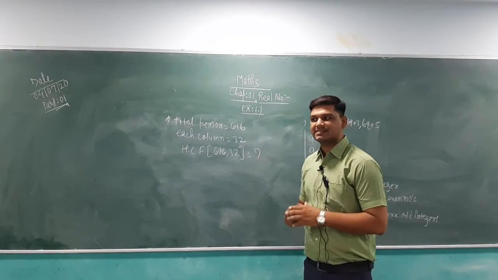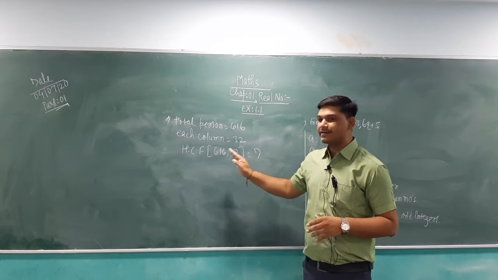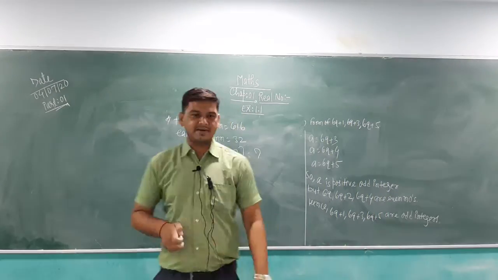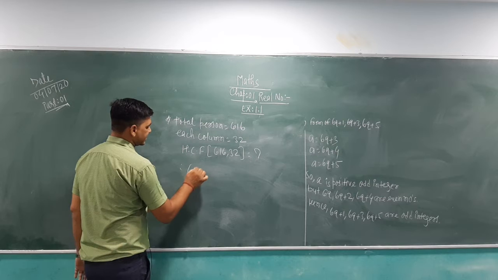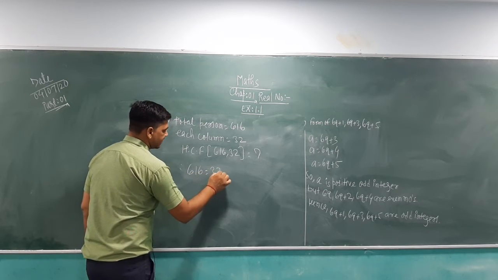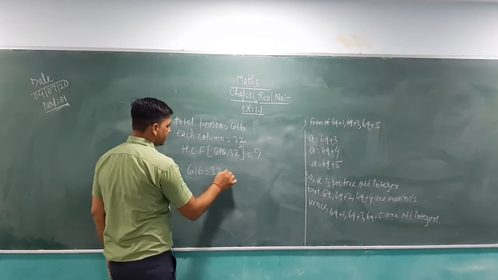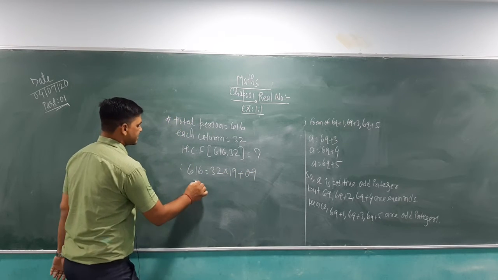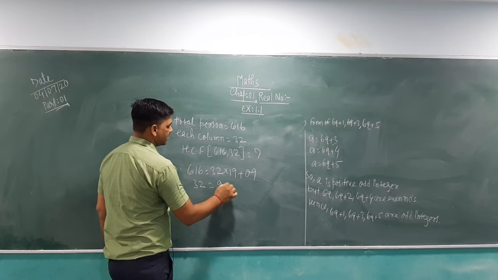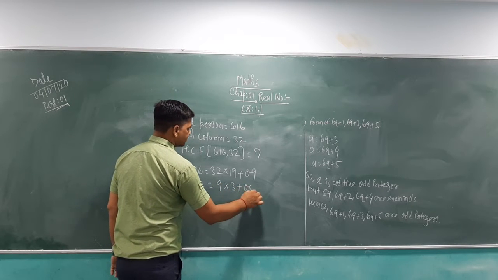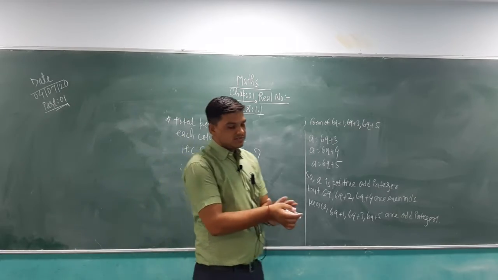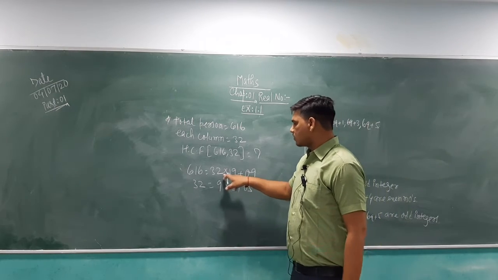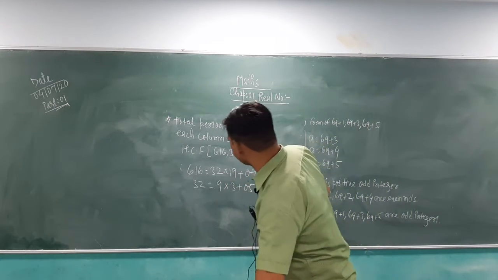There are two numbers, 616 and 32, which we have to divide using Euclid's division lemma. So 616 is divided by 32. 32 into 19 is 608, plus 8 gives 616. So the remainder is 8.